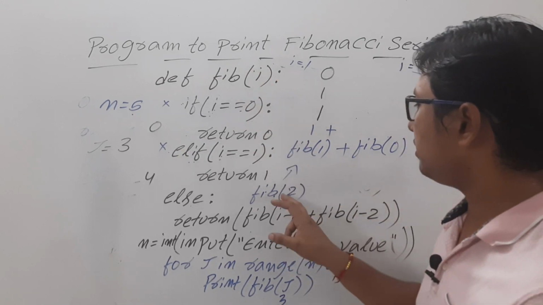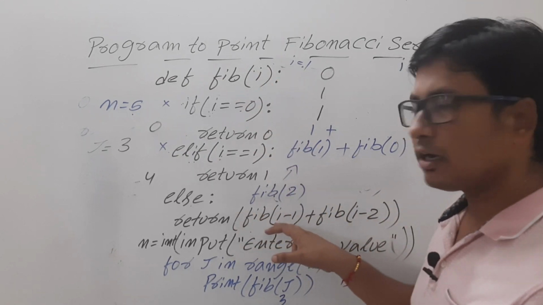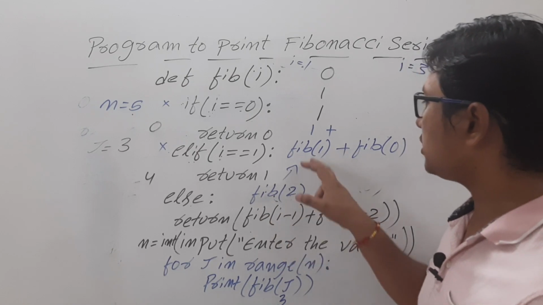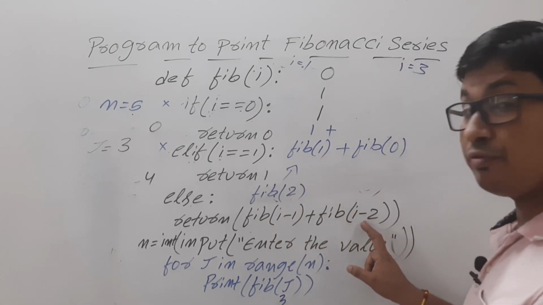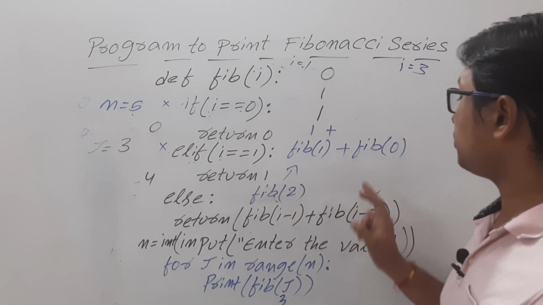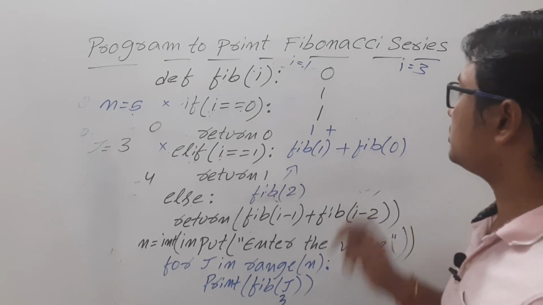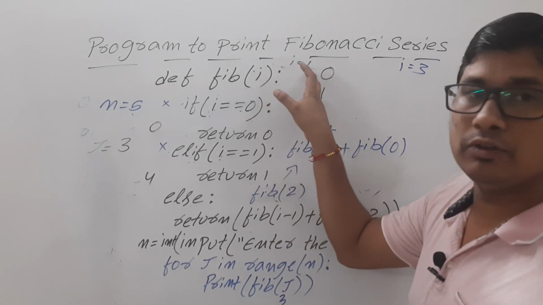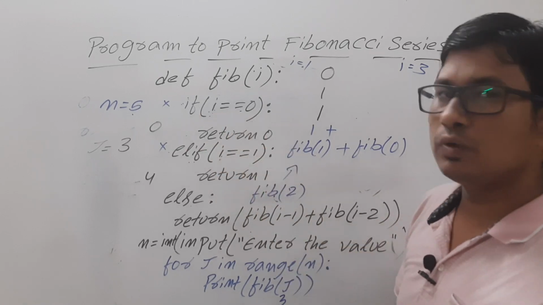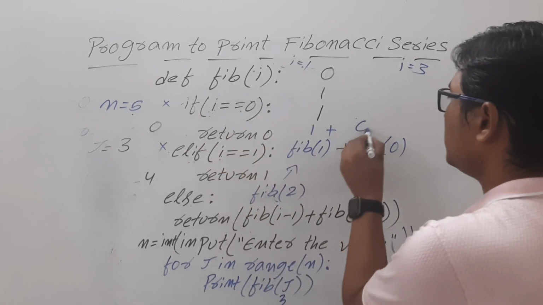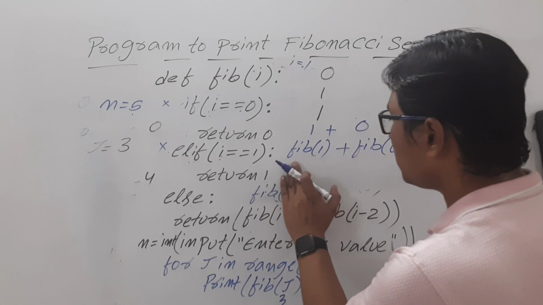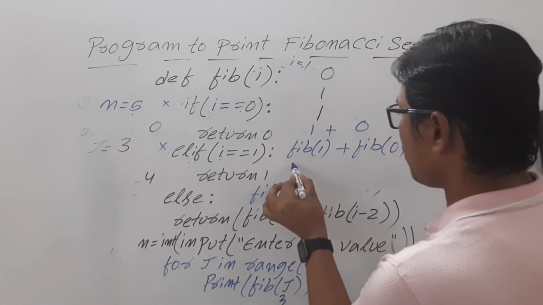So again the control went, and again it came to the else block: fib of 2 minus 1 is 1, plus fib of I minus 2 also you need to perform. I value is 2, so 2 minus 2 is 0. Fib of 0. Now I value will become 0. 0 is equal to 0. So it will return 0. So 1 plus 0, you got till here as 1.